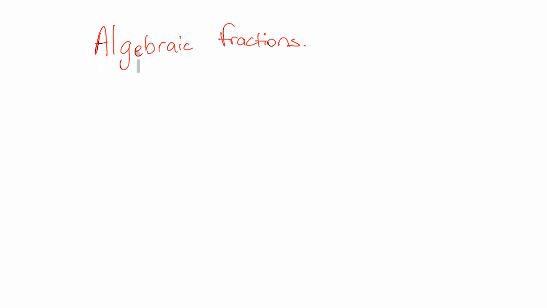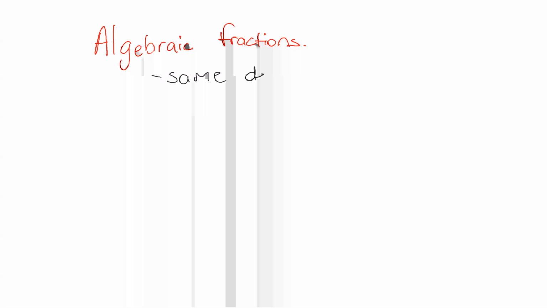So normally when we add a fraction, what's the rule that we have? We need to have the same denominator. Once we have the same denominator, okay, we can add or subtract.